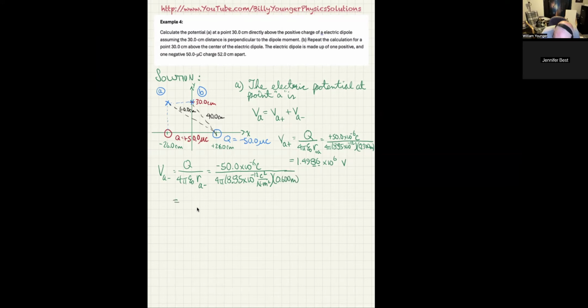Now I can work out the answer as negative 50 times 10 to the negative 6 divided by parentheses 4 times 3.14159 times 8.85 times 10 to the negative 12th times 0.6, which is pretty much the same calculation we did before, but twice as big in the denominator, so it should be half as big, about 0.75 times 10 to the 6.